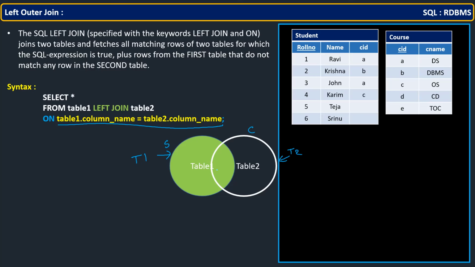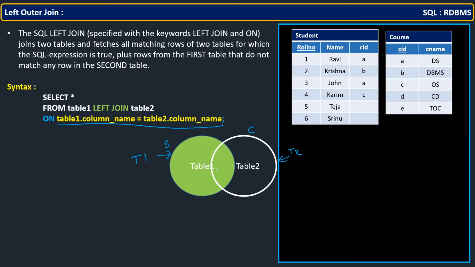But still, those are coming in the output actually. That is what left join. That means left side table, simply left side table, how many records you have, all of them are going to coming in the output, whether those are going to satisfy the condition or not. That is what left meaning.